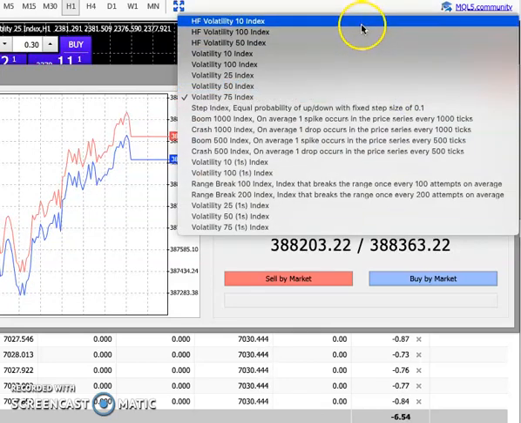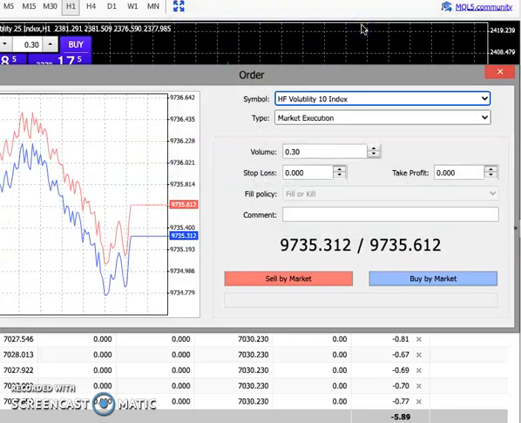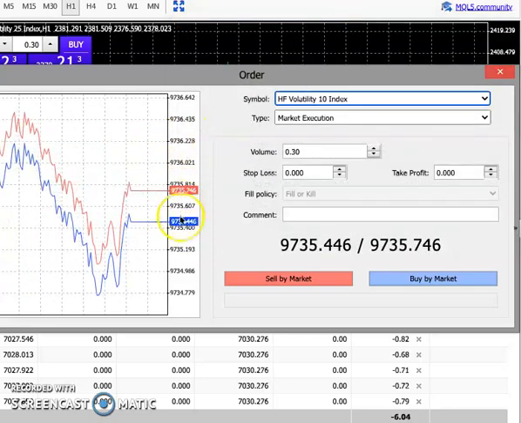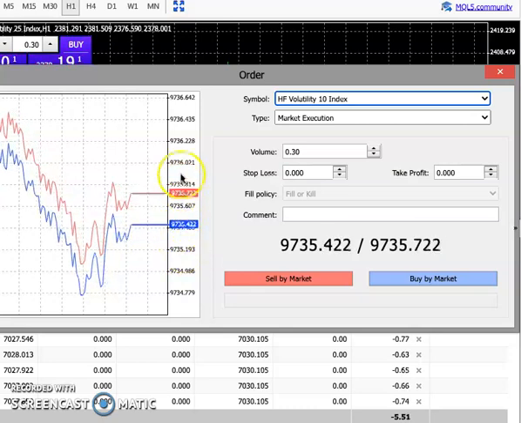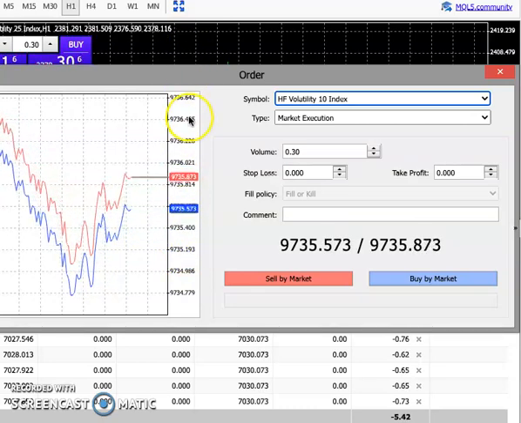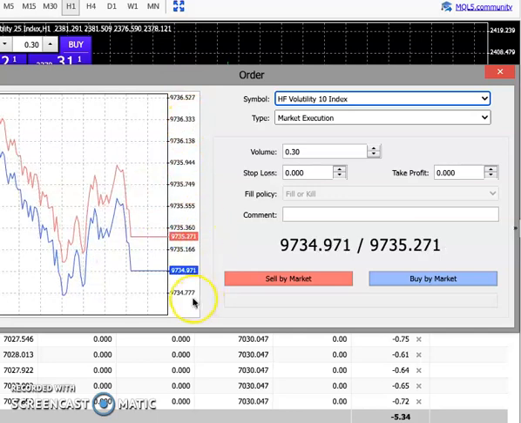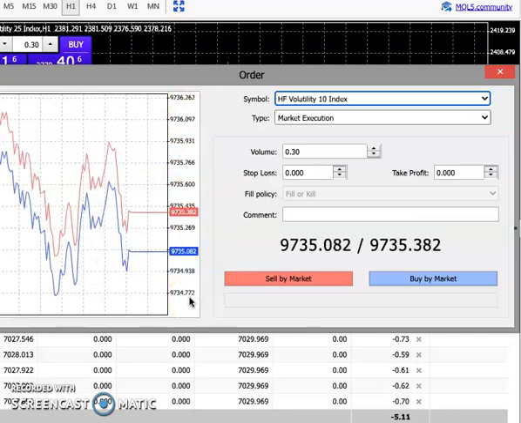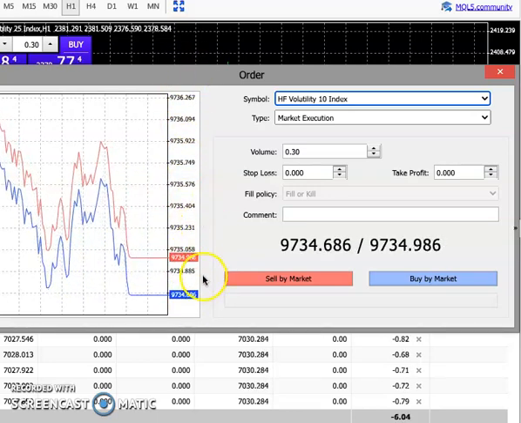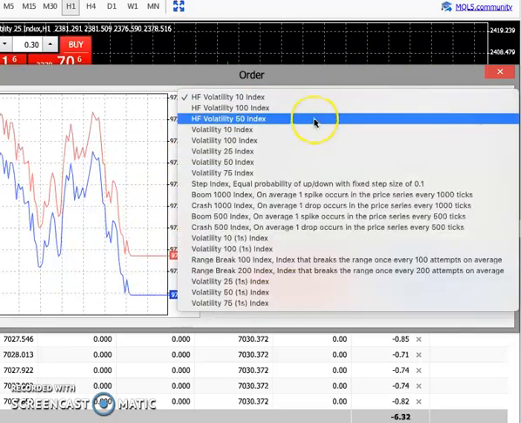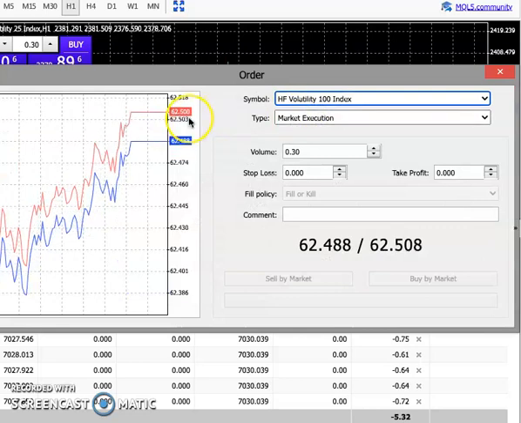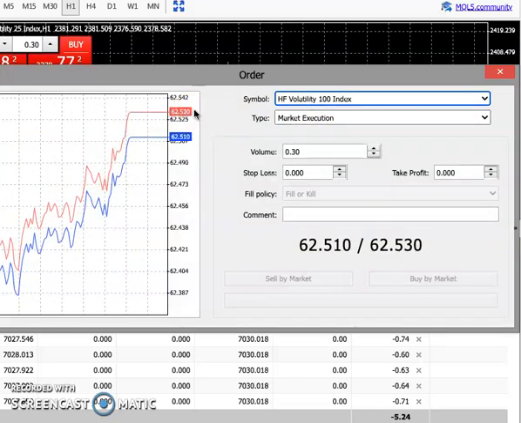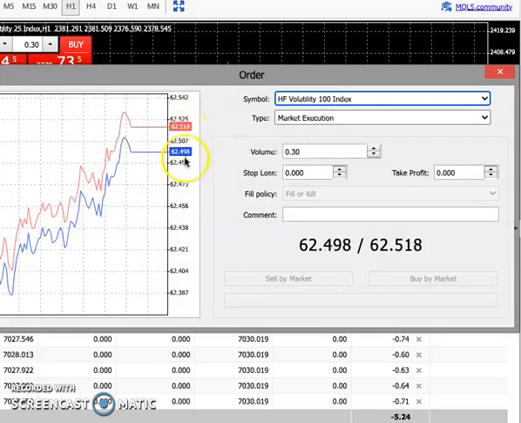Okay, let's start from volatility 10. Let's see. This one is support and resistance. Support is confused, right? Can you see it jumps and it will go to the top, or it will go right to the bottom. You need to be cautious about that. You always need to watch the volatility. You can see the 100 index as well.